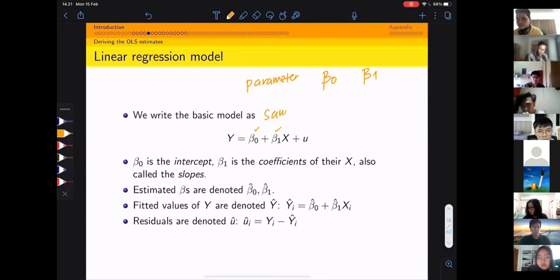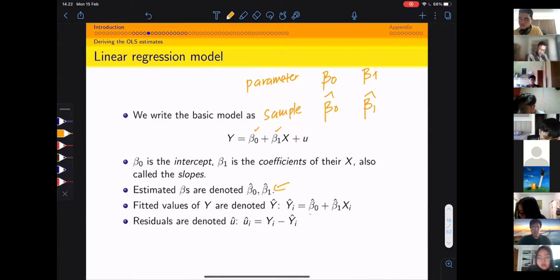When we have the sample, we're going to use the sample to estimate beta 0 hat and beta 1 hat. So if you go into the textbook and see that there are equations with beta 0, beta 1, but also equations with beta 0 hat and beta 1 hat, then you'll be able to understand what beta 0 hat and beta 1 hat mean.